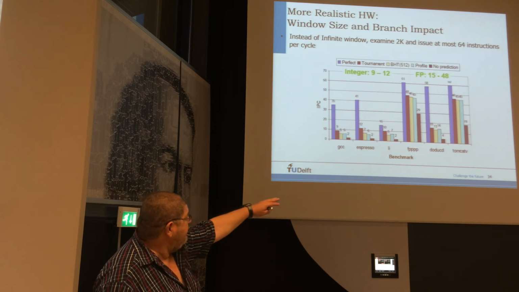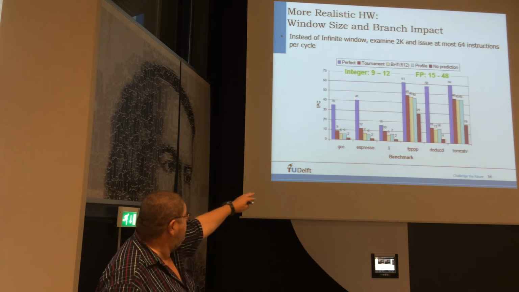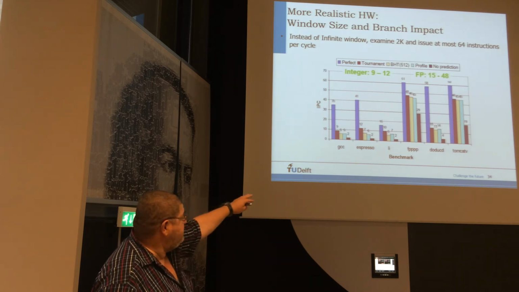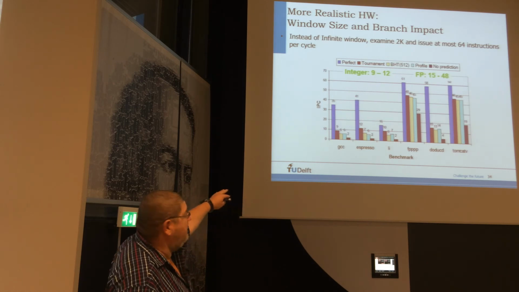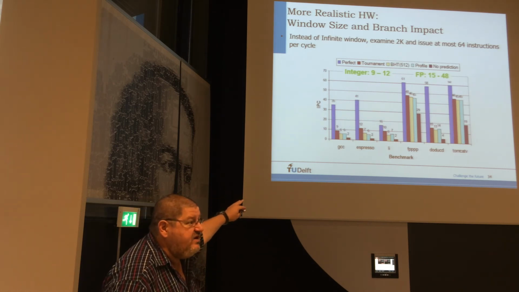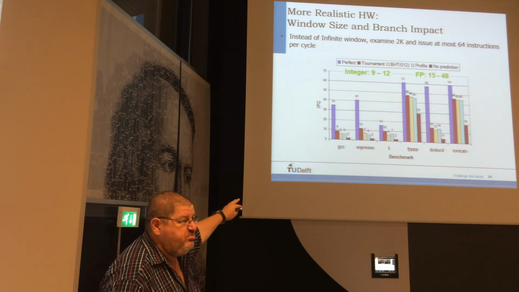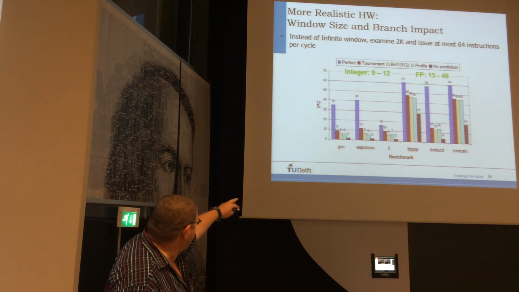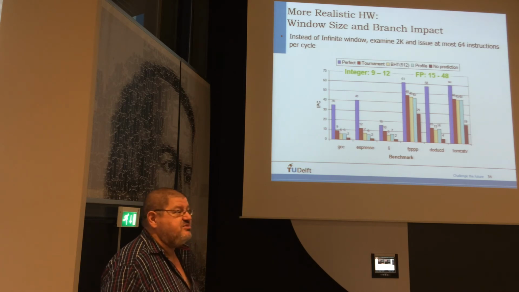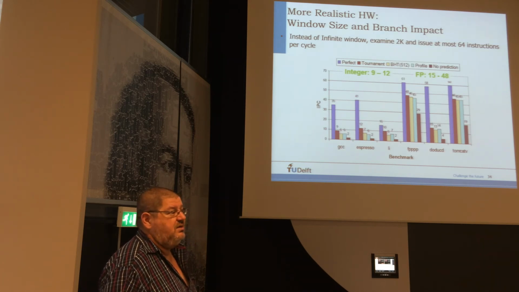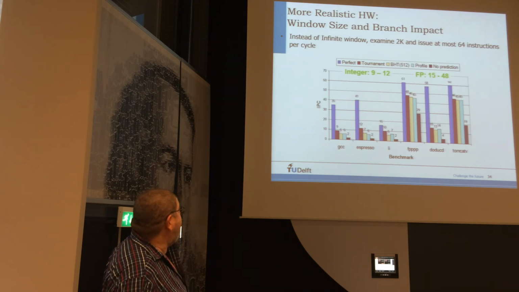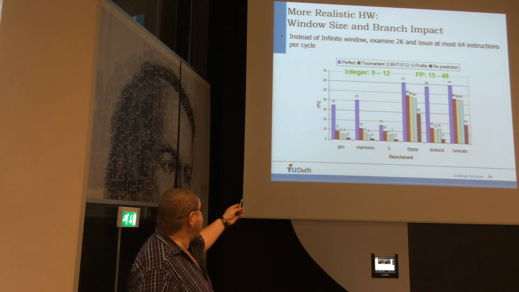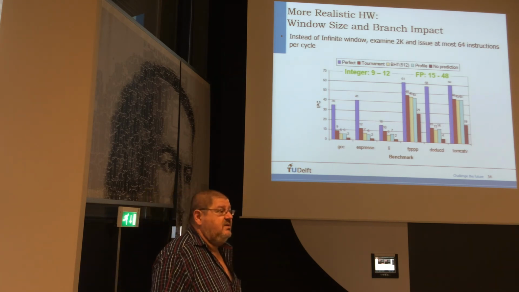Then, if I do no prediction at all, my instruction per cycle, even though I have infinite resources, is not brilliant. You see, on integers, I get 2 instructions per cycle with no prediction at all. While if I do perfect prediction on GCC, I can go to 35.